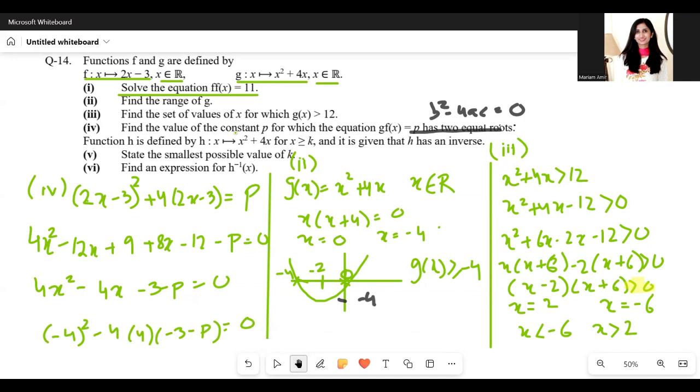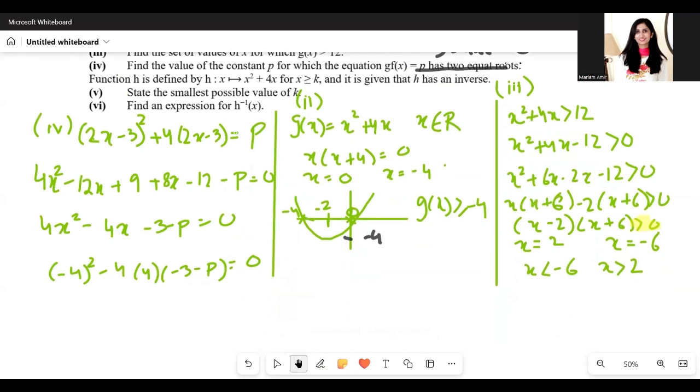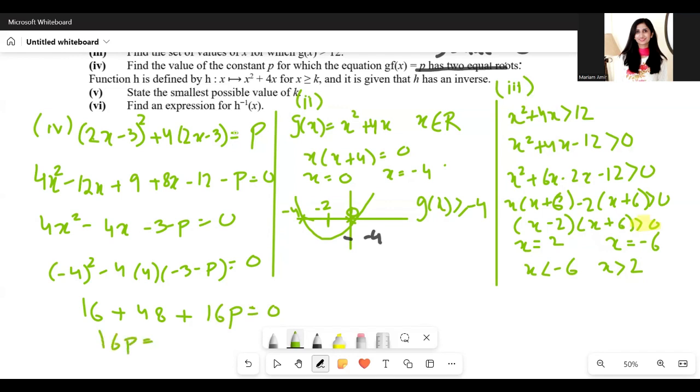This would be 16 plus sign. 4 times 4 times 3 would be what? 48, and minus minus would be plus 4 times 4, 16. 16p is equals to 0. 16p is equals to 48 plus 16 goes to the other side, negative 64. And negative 64 divided by 16 is minus 4. So p is coming out to be minus 4.